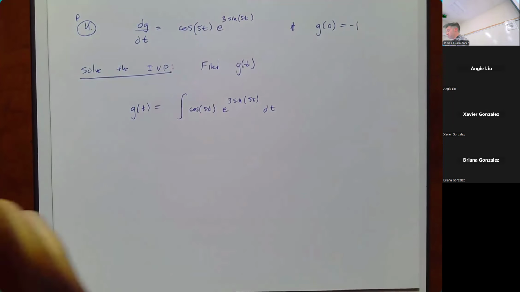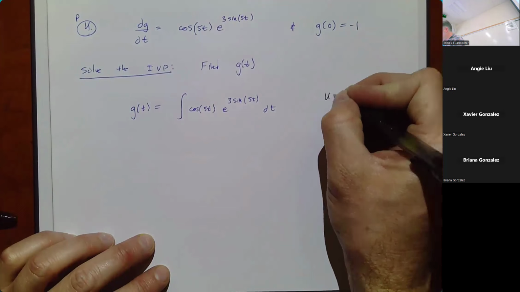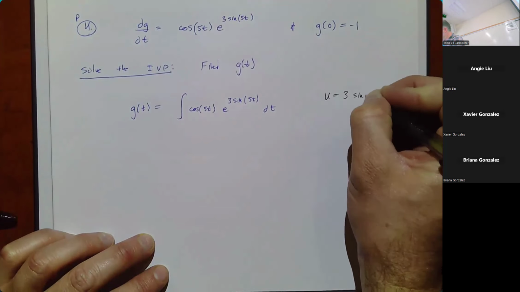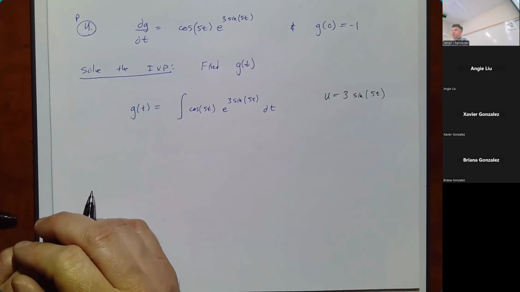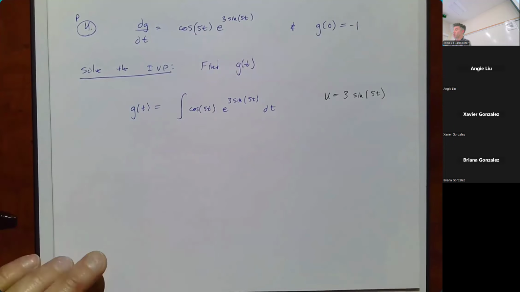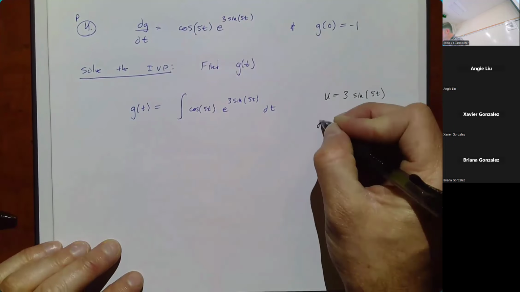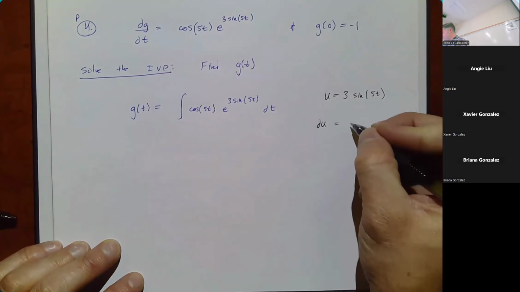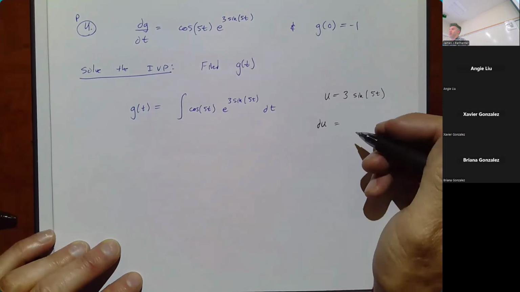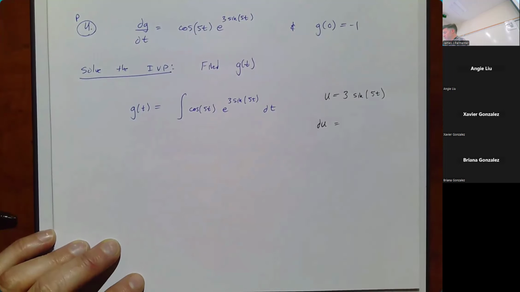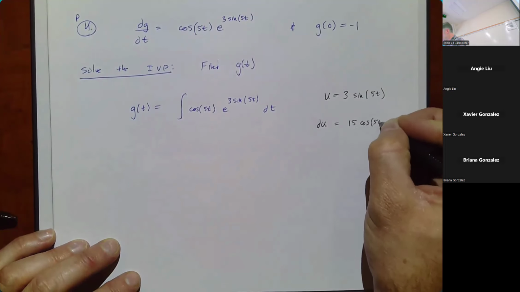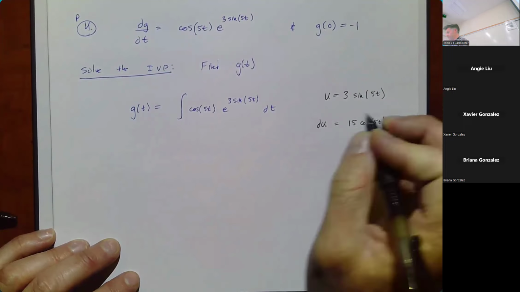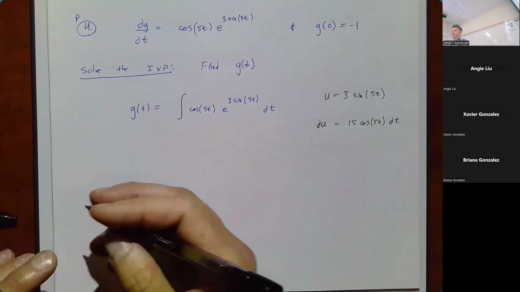We're going to let u equal 3 sine of 5t in our u substitution, because the derivative of that is almost exactly showing up. The derivative of 3 sine of 5t is going to be 3 times cosine of 5t times 5. I'm going to write 15 cosine of 5t dt. We practically have that perfectly.